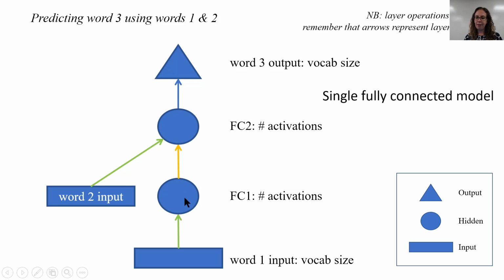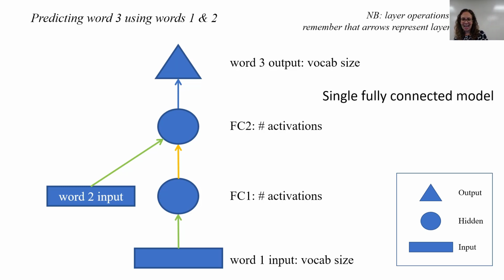We get this set of activations, and then we multiply word 2 by the same matrix of weights that we multiplied word 1 with, and we want a way to combine it with our activations from word 1. So those are being multiplied by a different set of weights and put together for our activations after word 2, and our goal is to output word 3. And it's both multiplying by the weights and then going through a nonlinearity.